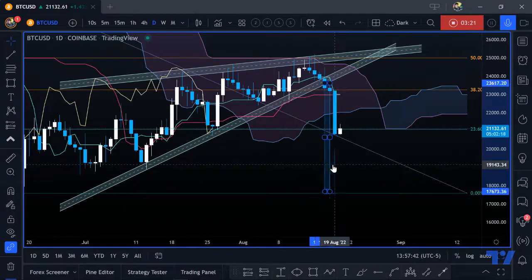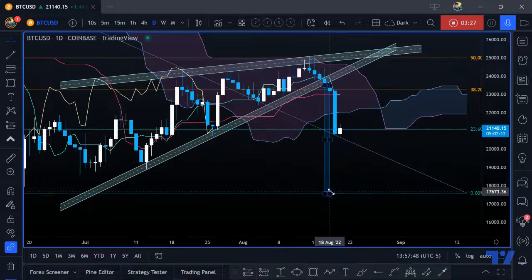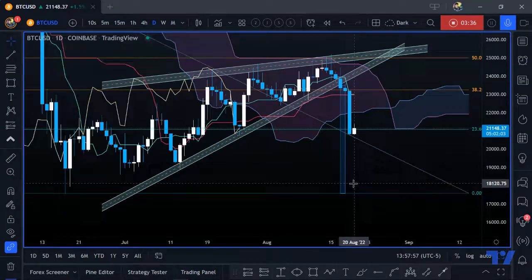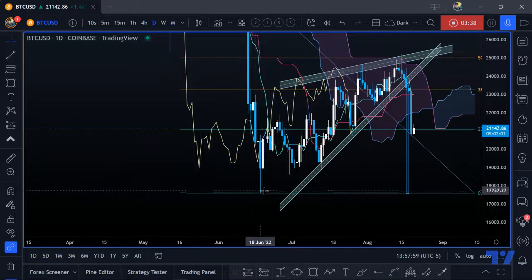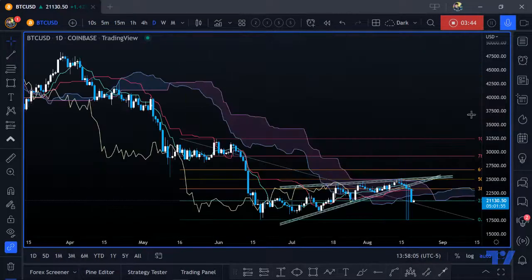So the price broke here and the price is close to 17K, 17,600, which is the previous lowest low we have seen so far, at least in 2022.